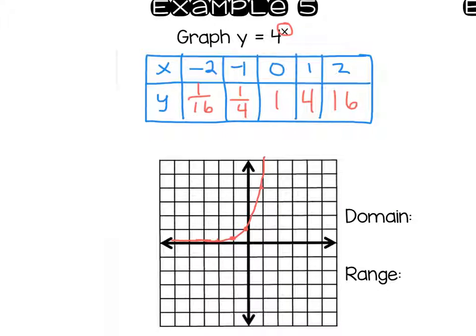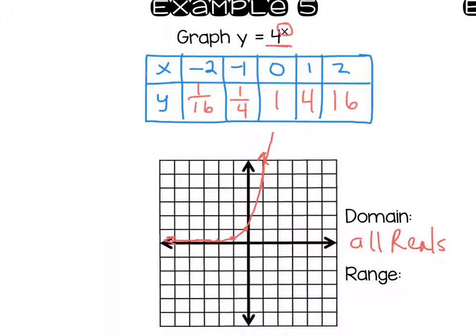Okay, so our domain in this case, you can't really tell very well what the domain might be, because you can't tell that this arrow continues to move a little bit more and more to the right, but it definitely is going to the left. So our domain on this is really all reals. But our range has been limited. If you think about it, there's no way to ever get 4 raised to a power to equal 0.